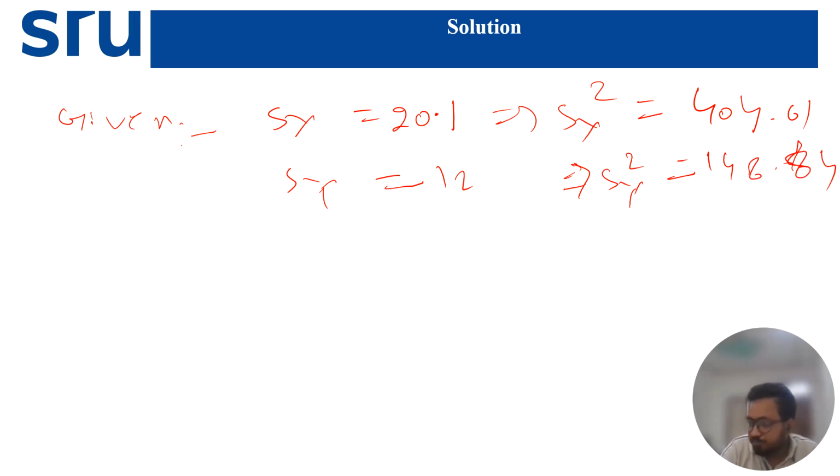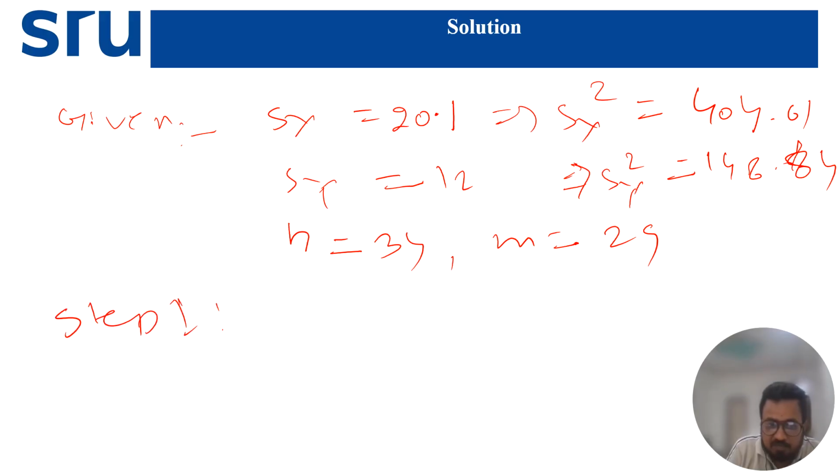And n is equal to 34 and m is equal to 29.